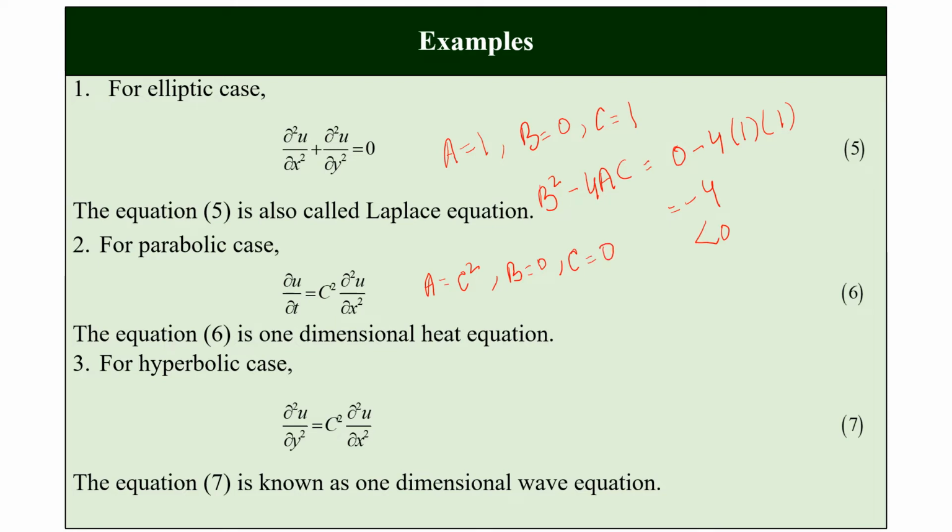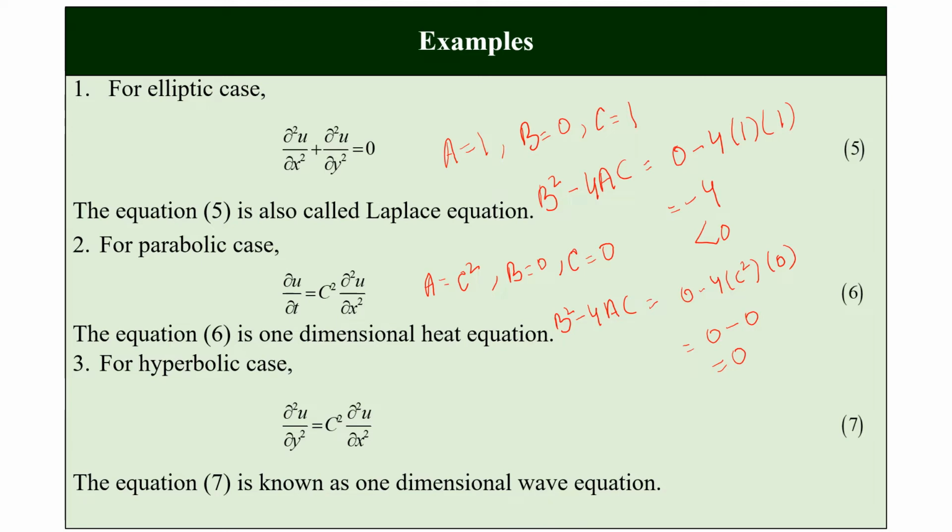So the value of discriminant B square minus 4AC is equal to 0 minus 4 into c square into 0, so 0 minus 0, which is equal to 0. So this is the example of the parabolic partial differential equation.